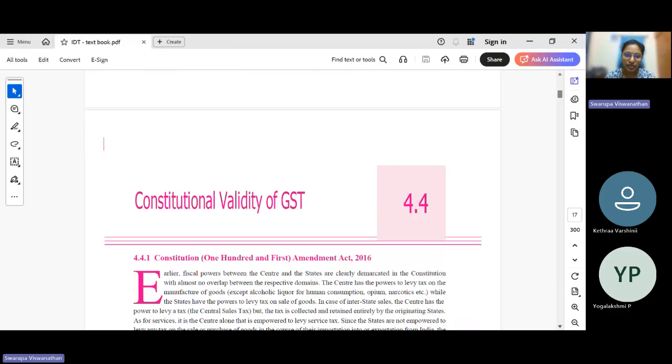There was no provision. GST helps us adjust the input tax credit because of the one nation, one tax concept. We are able to use the ITC, and hence the burden of taxation on consumers is reduced. So this gives you the difficult side of the old regime and the progressive side of the new regime of GST.